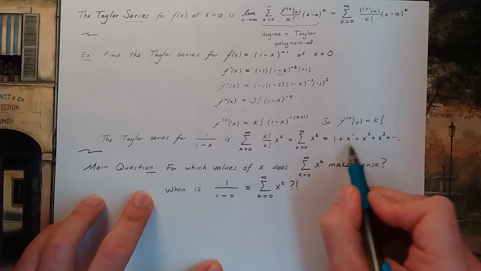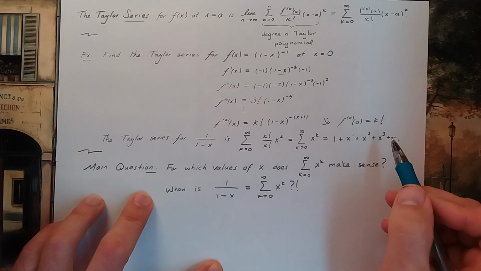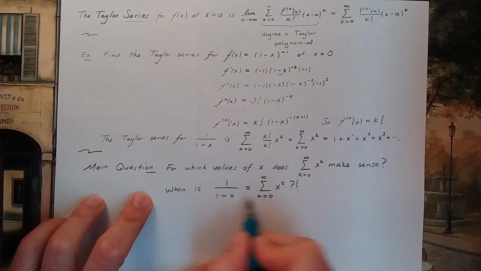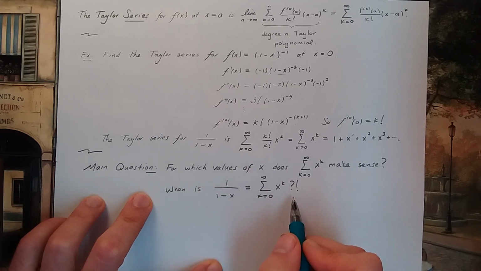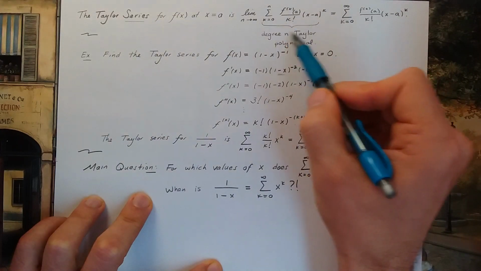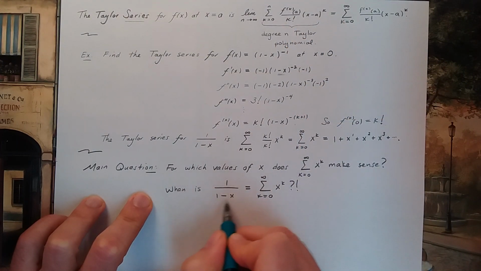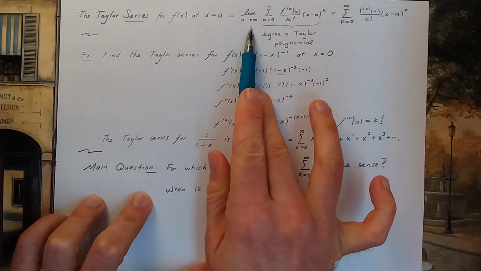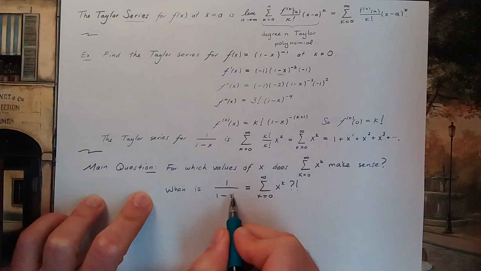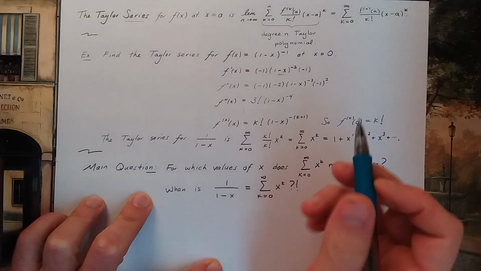I want to know what values of x I can plug in here to actually get a finite number out, and which values of x I can plug in to make this equation actually true. The idea is, the larger n is in my Taylor polynomial, the better an approximation I get to my function. But what if I take the limit as the degree gets larger and larger and larger? Do I ever actually get my function? Sometimes you will, and sometimes you won't.